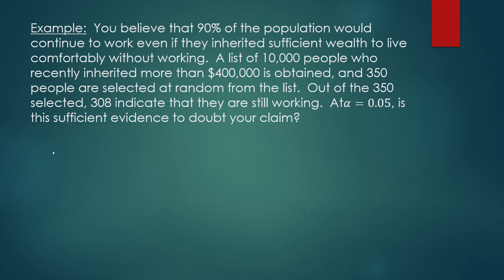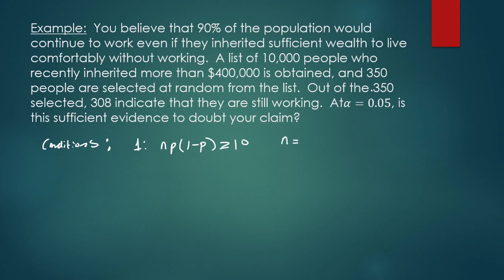We'll start by checking the conditions. We always have to check the conditions for a one sample proportion test before we start the problem. Condition 1, we need to make sure that np times the quantity 1 minus p is at least 10. So let's try that out. We know n is the sample size.